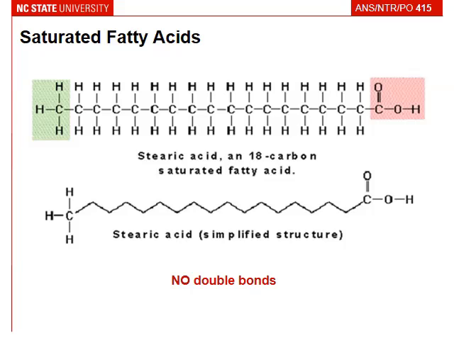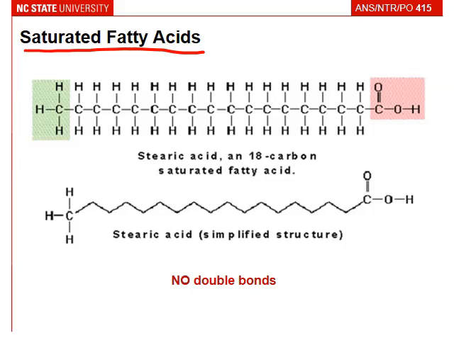So when we have straight carbon chains and no double bonds, that's what we refer to as our saturated fatty acid. So here we have stearic acid, which is 18 carbons long, and you do not need to know the name of stearic acid or that it's 18 carbons long. Just basically, it's an example of one of the saturated fatty acids that are synthesized and found in our diet.